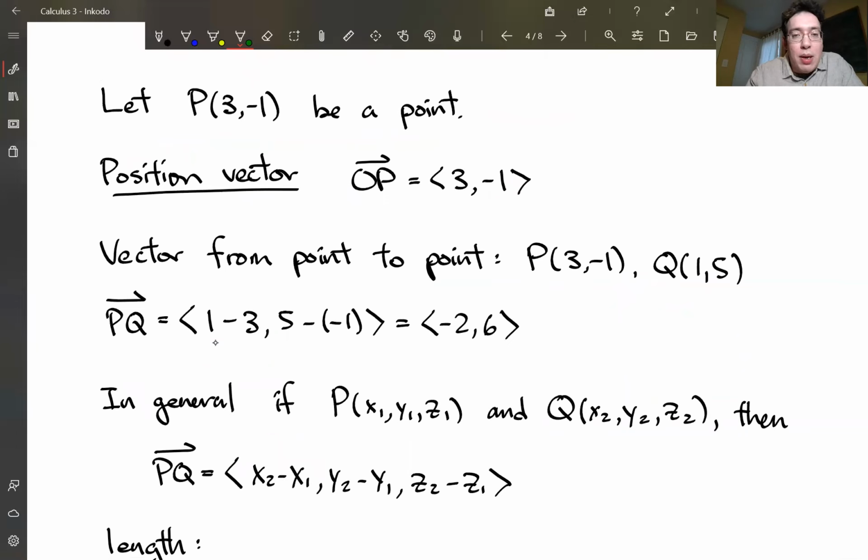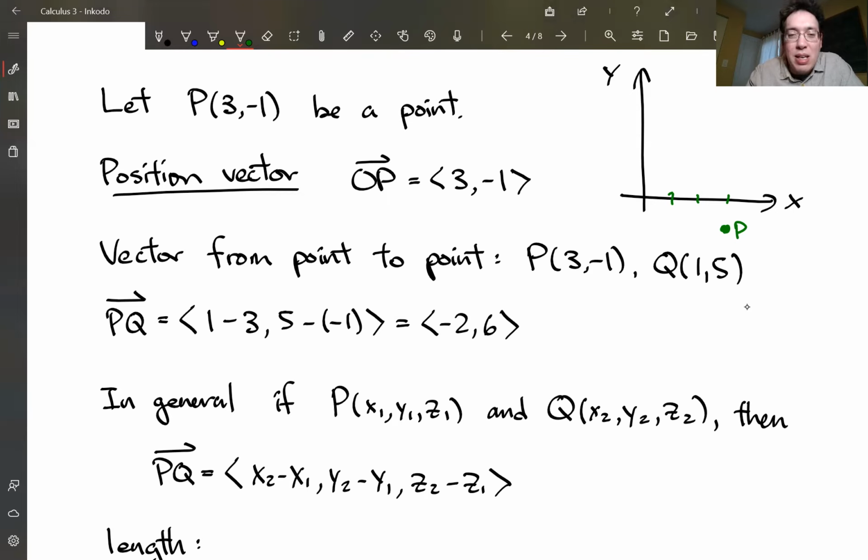Okay. All right. Sometimes it's good to connect the vector and a point as well. When you do something like that, we call it a position vector. Actually, this is in 2 dimensions. Let me write it this way. If we go 3 units to the right in the x direction and 1 unit in the negative y direction, this is the point P. That's a particular point that you're not allowed to move around.